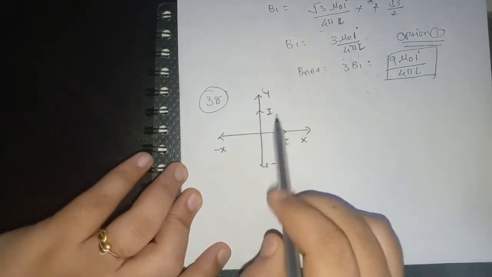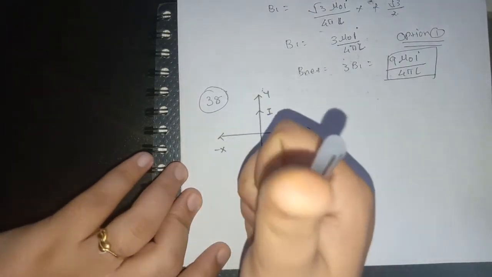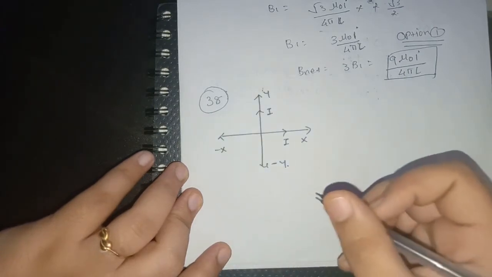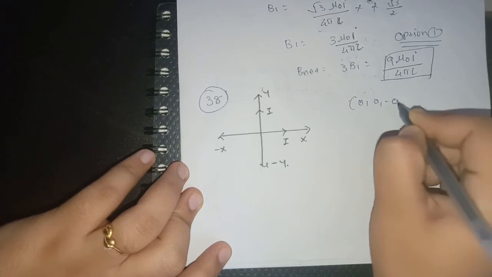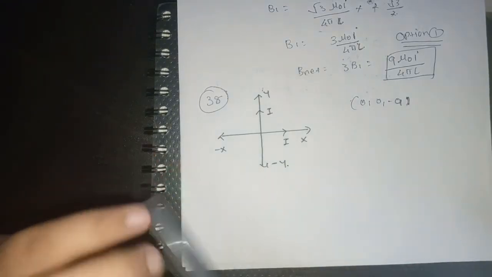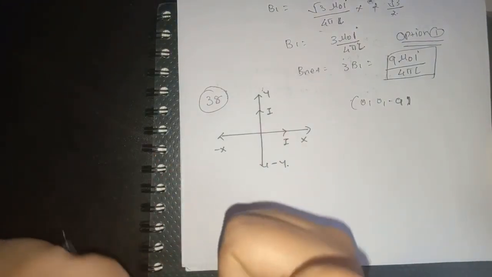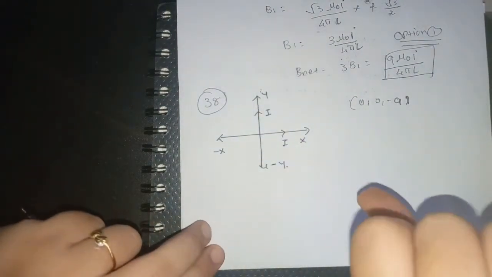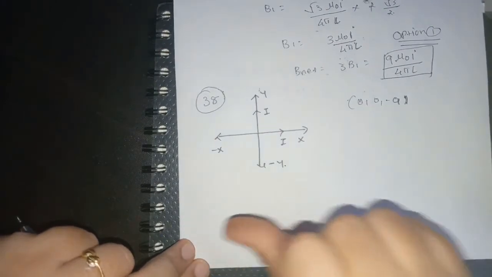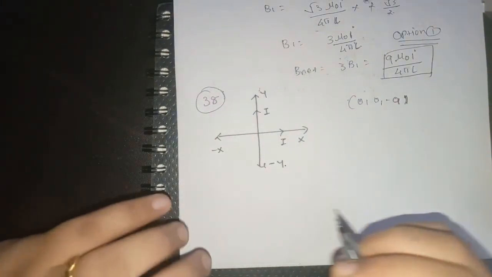In question number 38, same current I is flowing in 3 infinitely long wires along positive X, positive Y and positive Z directions. We want to find the magnetic field at the point 0, 0, minus E. Here the positive Z axis is in upward direction and negative Z axis is in downward direction, that is downward the page.